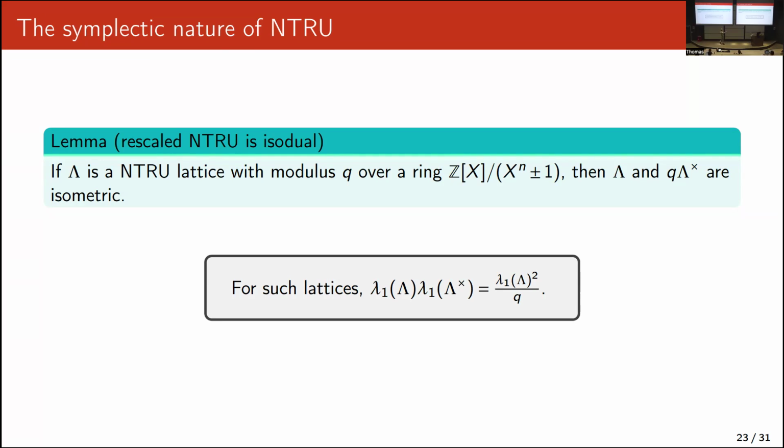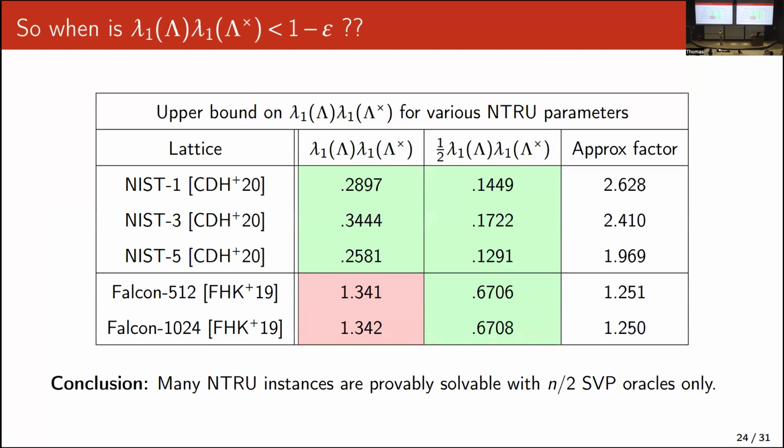So you can compute the value of lambda 1 of the dual, and this gives you lambda 1 squared divided by q. Because lambda 1 has to be quite short in NTRU, and the modulus is sometimes quite big, we can look at practical instantiations of NTRU and variants and see that this product here is often less than 1. So this is the NIST submission for NTRU.